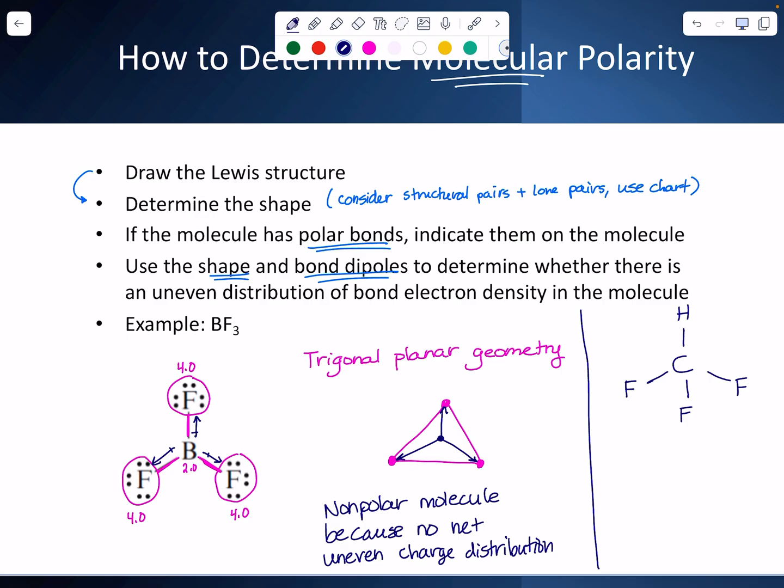All right, so what type of geometry is this one going to have? Carbon attached to 4 things. It's going to be tetrahedral, right? So we've got sort of 3 things pointing down on sides of a triangle, and then 1 thing pointing up. So this is tetrahedral geometry.